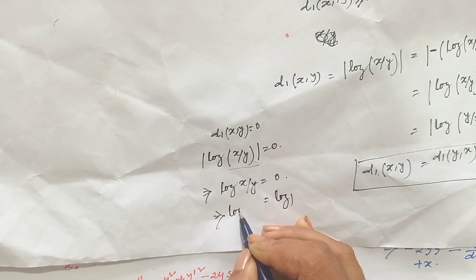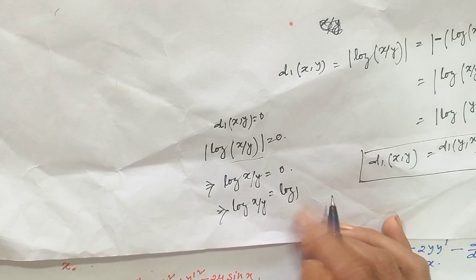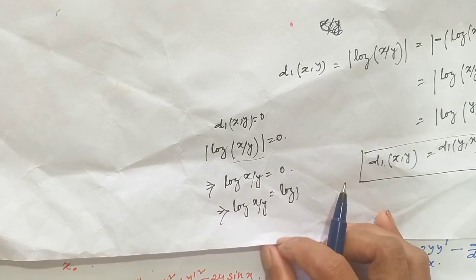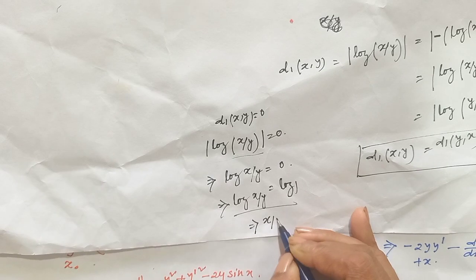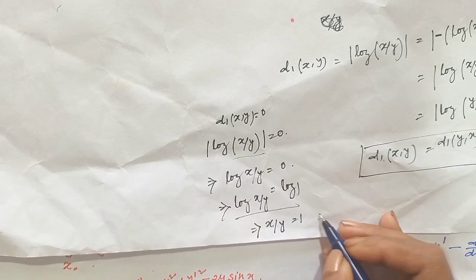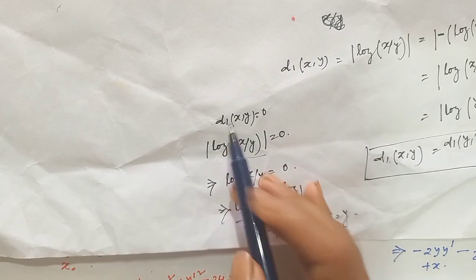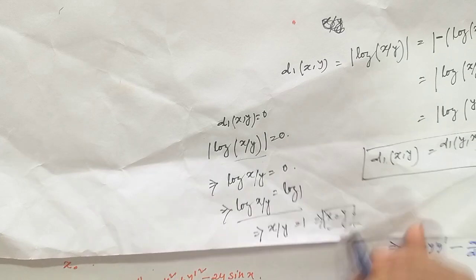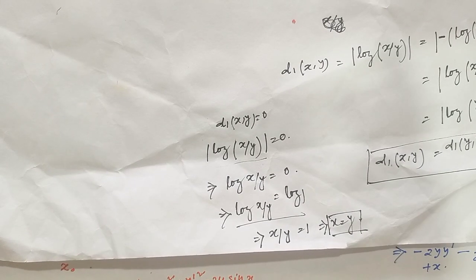That means log(x/y) = log 1, and by this expression x/y = 1, that means x = y. That means when d1(x,y) = 0, that implies x = y. Therefore the third condition of a metric space has also been satisfied.